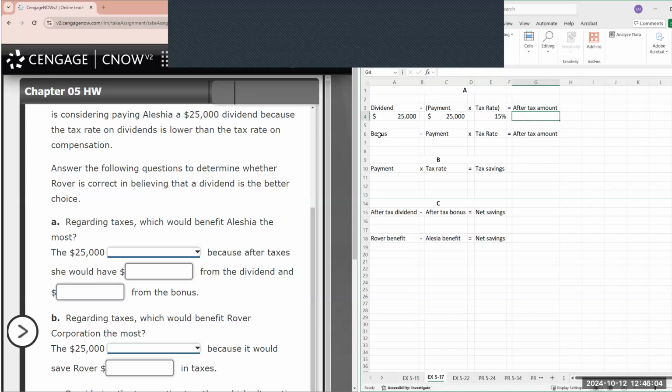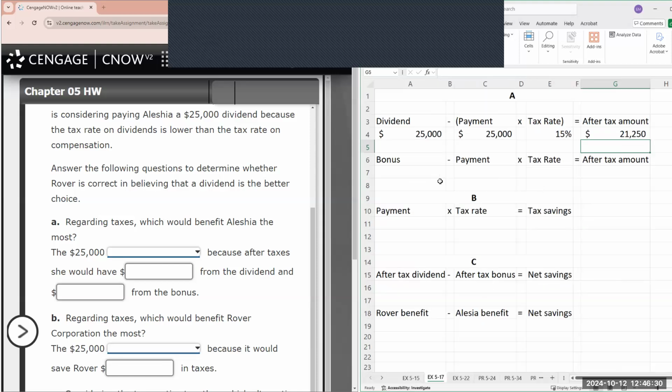So in such case, our calculation would be as follows: 25,000 minus the payment multiplied by the tax rate of 15%. And this gives us our after-tax amount. So in such case, the after-tax amount is $21,250. In the event that Alicia were paid a bonus, the impact would be as follows.